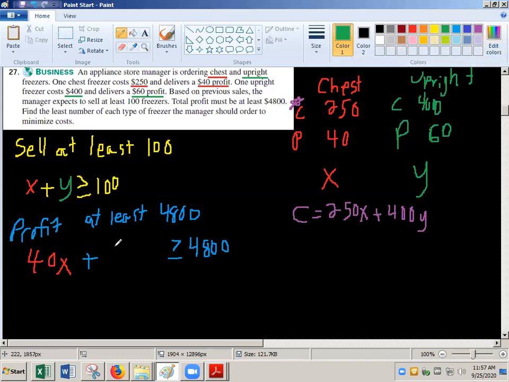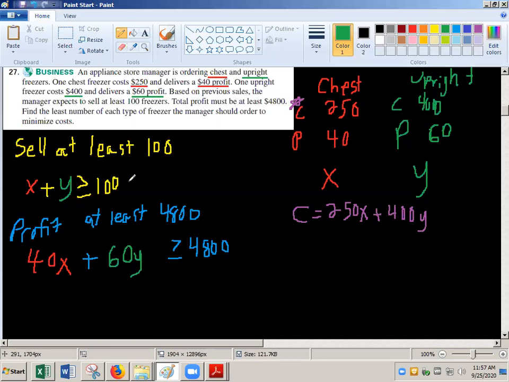The Y portion of this being 60Y. So again, for every chest freezer, I'm going to make 40 bucks in profit. For every upright freezer, I'm going to make 60 bucks in profit. So 40x plus 60y needs to be greater than or equal to 4,800. That's the profit. So profit must be this.